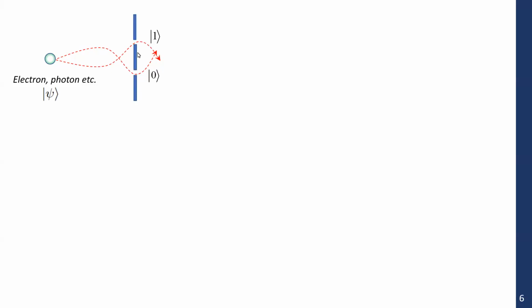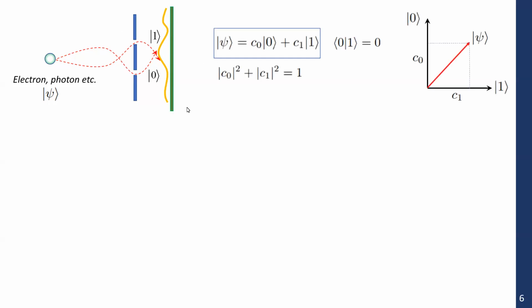Well, for example, we can take a screen with 2 slits in it, and each slit selects only one possible path in space. So we restrict our basis to 2 basis vectors, and then we can put another screen behind the first one, and it will lead to the appearance of an interference pattern if we measure the system over the second screen.